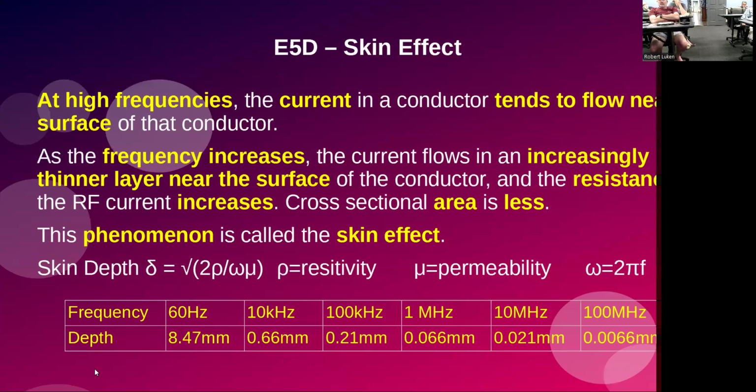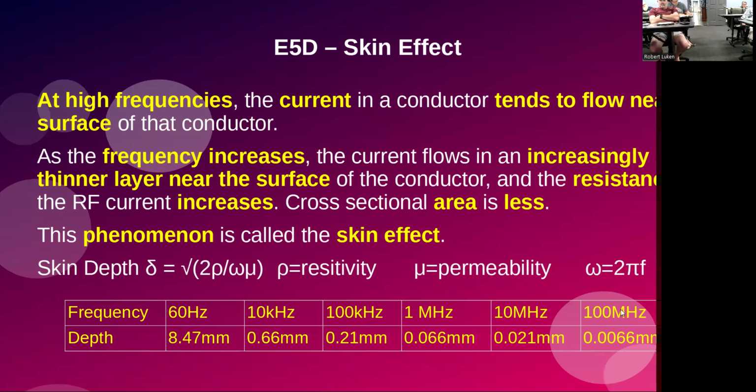So this is a chart showing the skin depth at different frequencies. You can see down here at 60 hertz, it's 8.5 millimeters, which is larger than a 1/4 inch diameter wire. So for anything smaller than 8 millimeters, the current is going to be completely in the conductor.